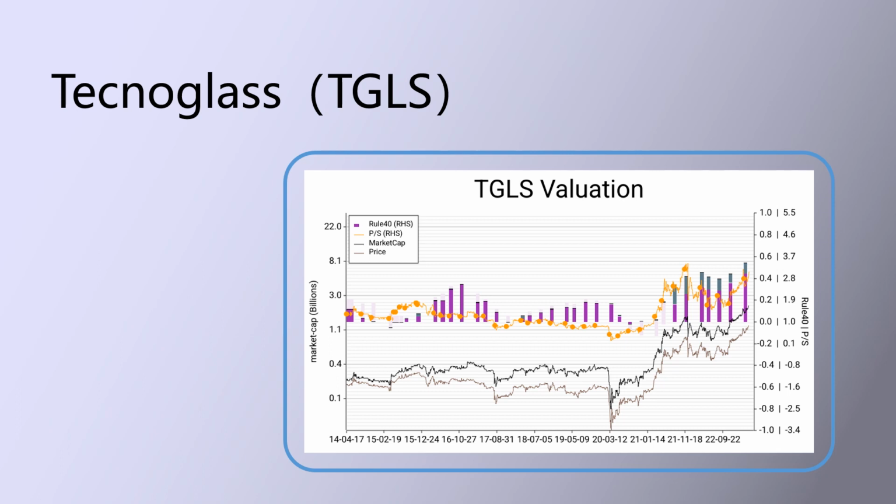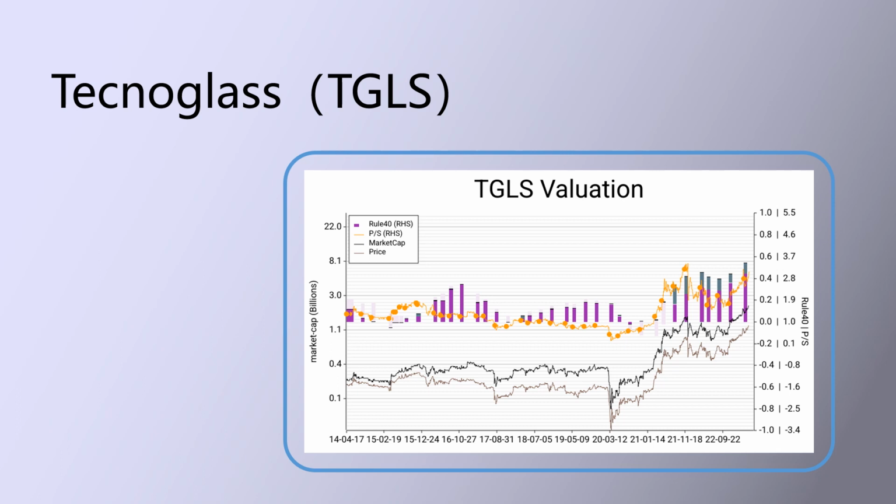However, in recent years, Tecnoglass has experienced a significant turnaround and has emerged as a leading player in the industry. One of the key factors behind the company's success has been its strategic focus on innovation and technology. Tecnoglass has invested heavily in research and development, which has enabled it to develop new and innovative products that meet the evolving needs of its customers.